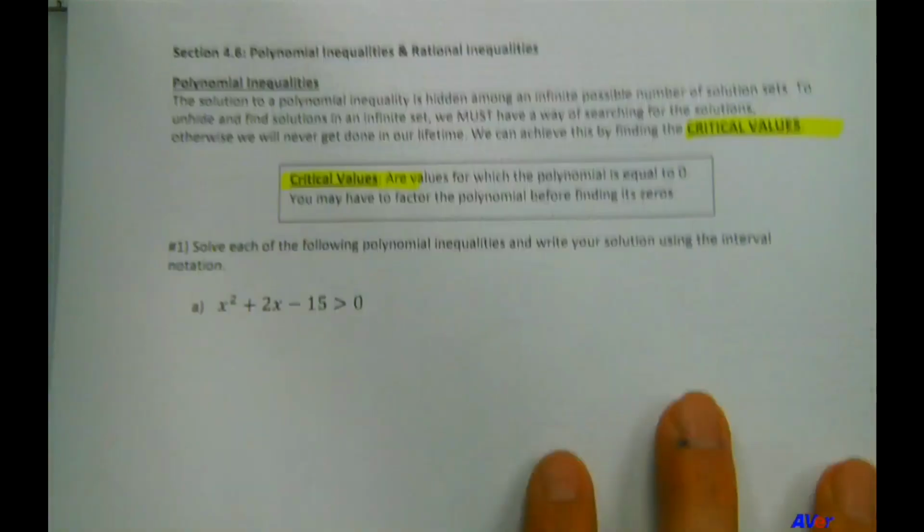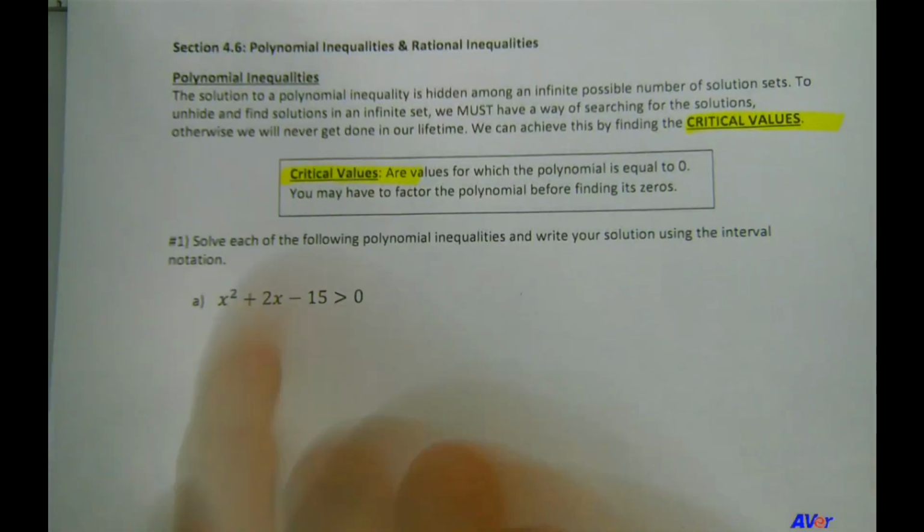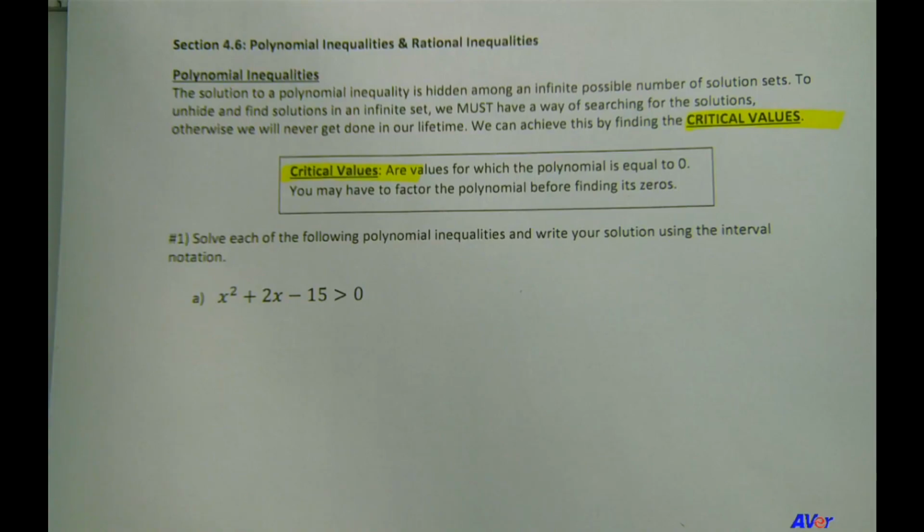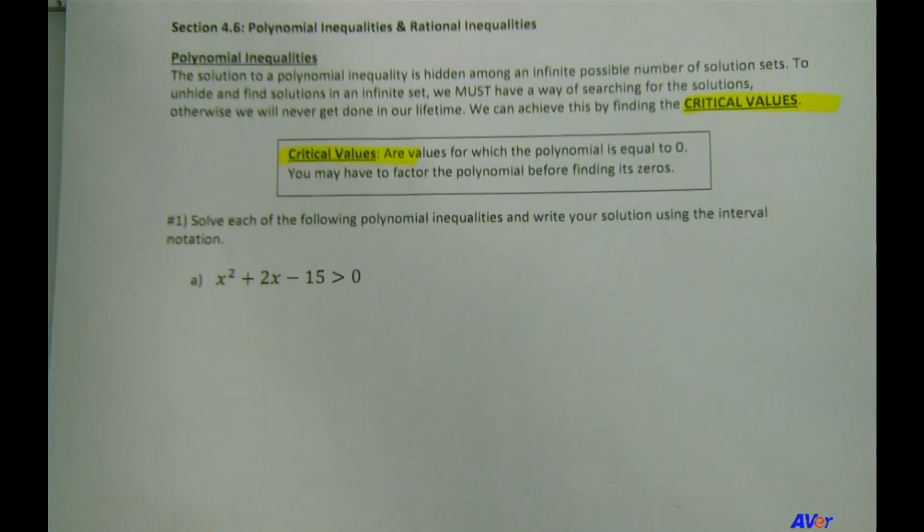So the first task before we solve any of these inequalities is to find the critical values or the boundary solutions. Without them, we cannot solve any of these, because our lifetime is not going to be enough to find all the solutions possible. So we need to narrow down the real number line to regions where we can test one single number, not infinitely many numbers, in each region. And that's very much practical, right?